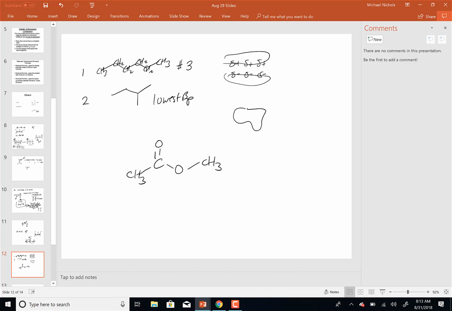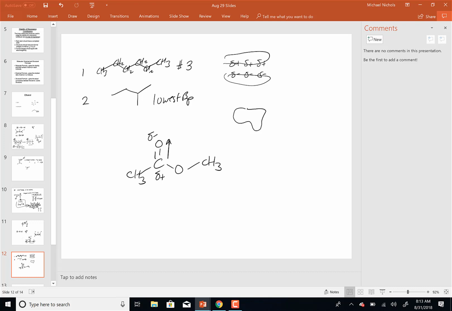But in the C double bond O, the oxygen is delta minus and the carbon is delta plus, because a carbon-oxygen bond is a polar covalent bond. To be a polar molecule, you have to have a polar covalent bond, at least one, and they can't cancel each other out.